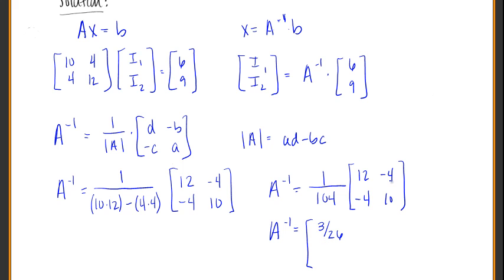Okay, -4 over 104 is -1/26. And then a -1/26 there again, and then 5 over 52. So that's what our inverse matrix is going to equal.